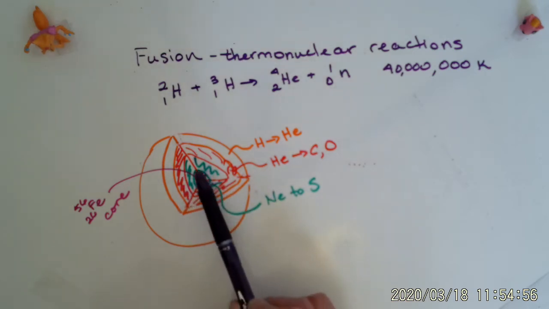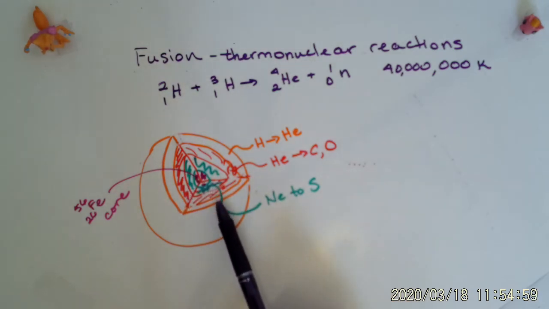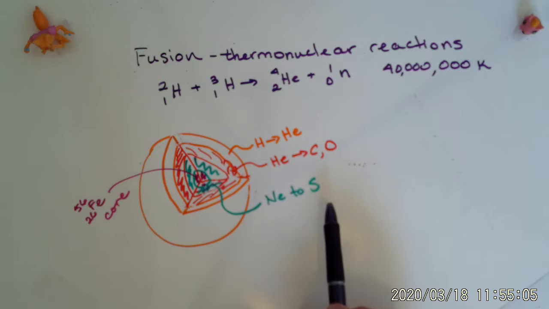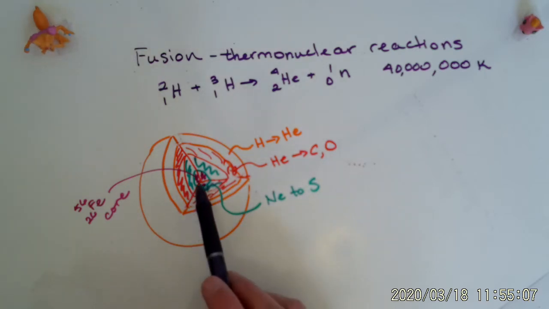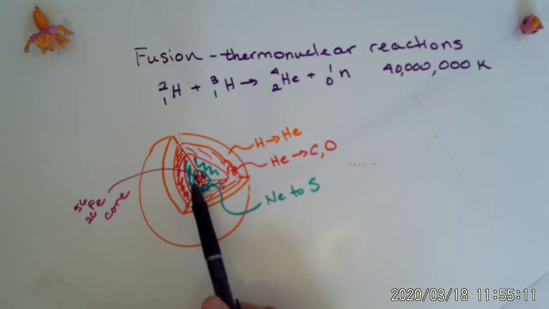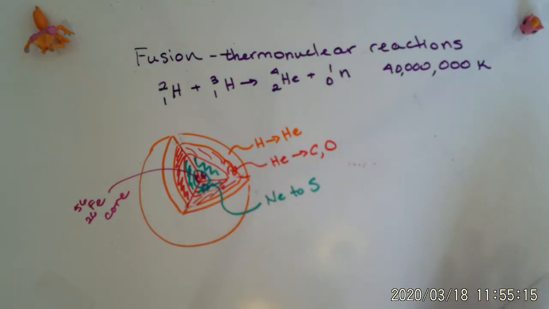Then, as we go under higher pressures, heavier elements are formed, from neon to sulfur. And at the very center, at the core of the sun, that's our iron-56 core. And iron-56, as you recall with our nuclear binding energy, is the most stable nucleus. That's actually why our core tends to be iron-56.